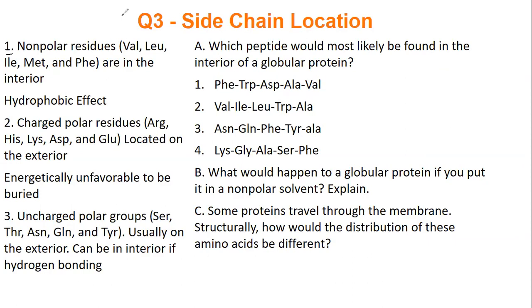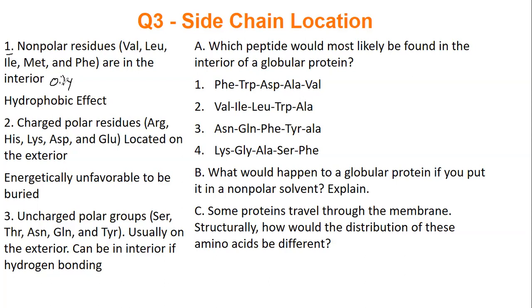When we talk about the core of folded proteins, a lot of people will say they're oily. That's because they're full of nonpolar amino acids. Inside the core of a protein, all your nonpolar amino acids are going to be globbed together.